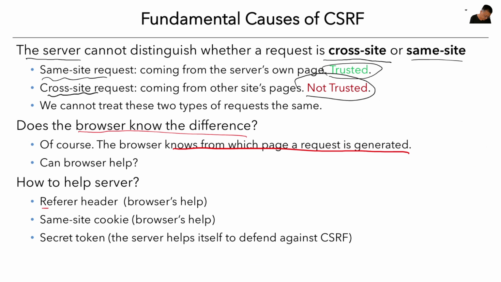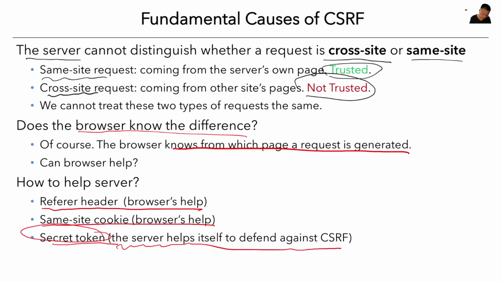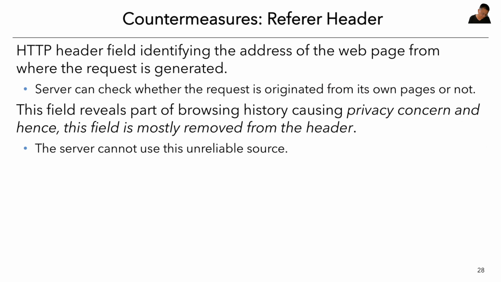So for one, you can use referral headers and also same-site cookies or the secret token. The server will help itself to defend against cross-site request forgery with the secret token. But normally you should combine those different measures to make it more secure.